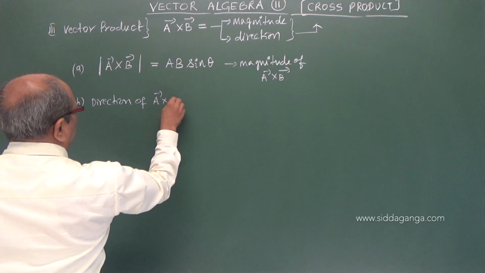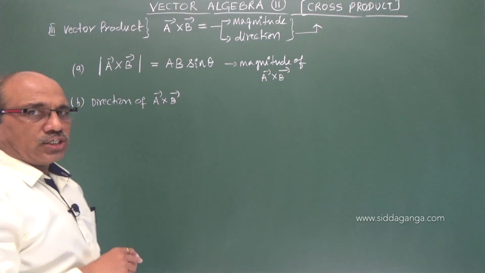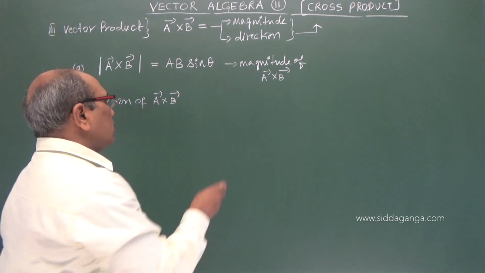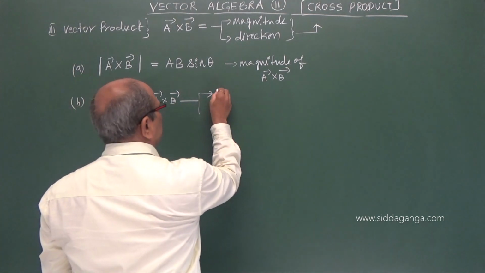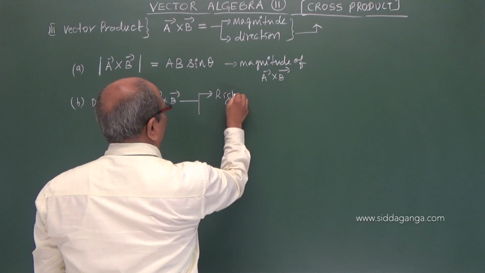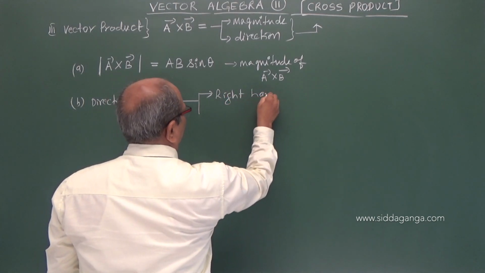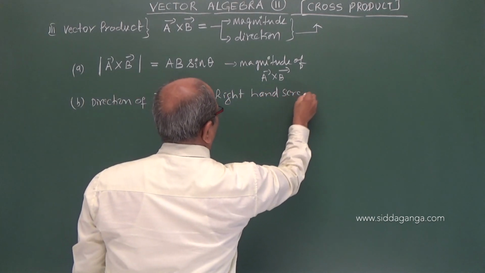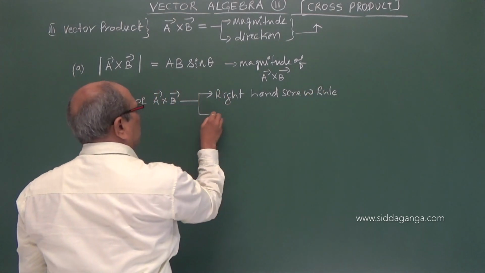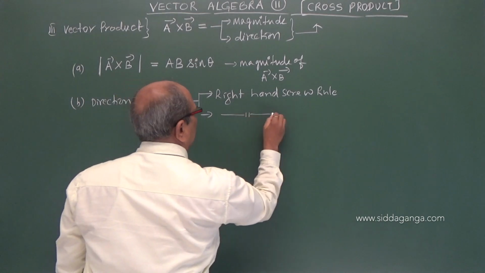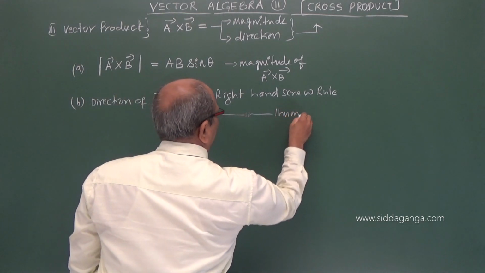Second, the direction of A cross B is given by two rules. One is called the right hand screw rule, and another is called the right hand thumb rule.